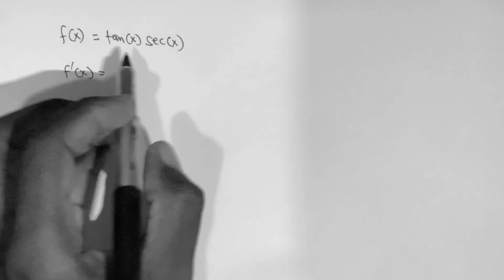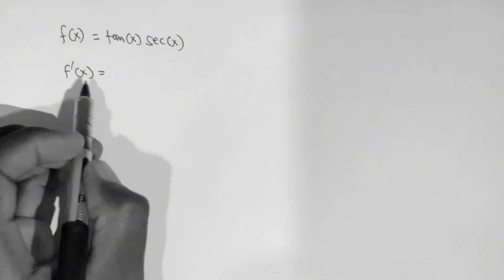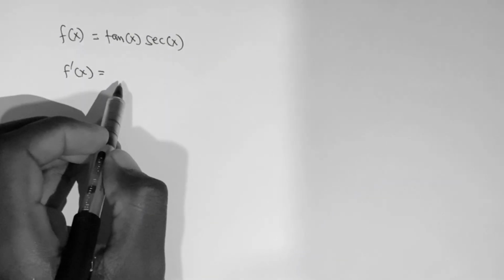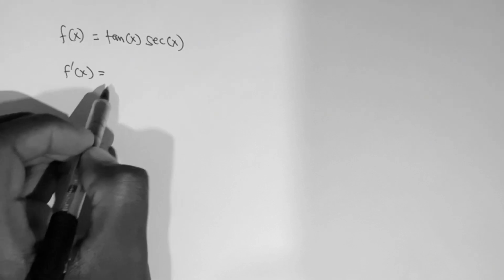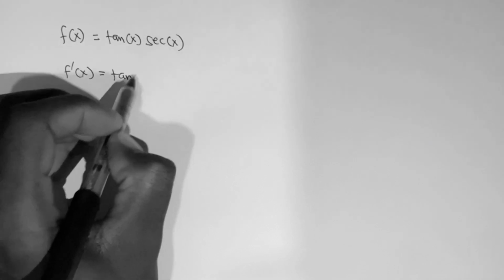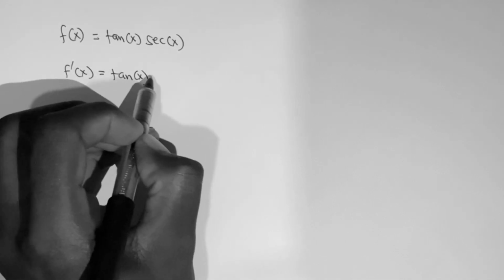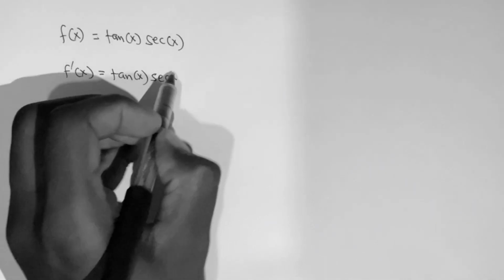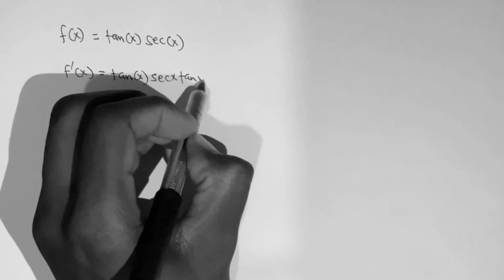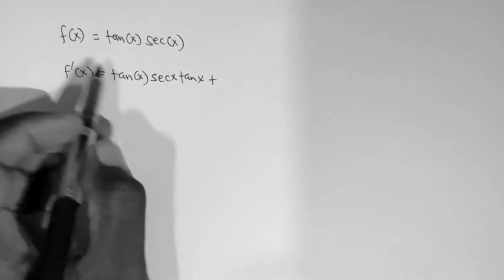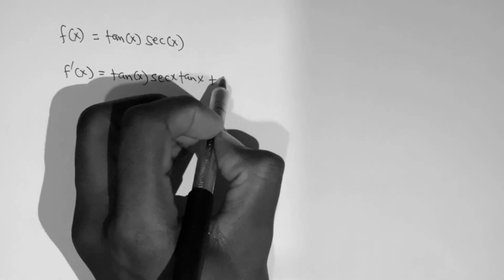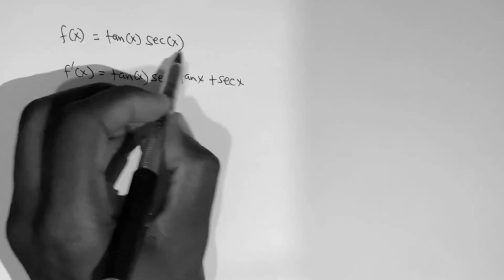So to differentiate this product of two functions, we will maintain tan x, then differentiate sec x. If you differentiate sec x, you will get sec x tan x, then plus maintain sec x, then differentiate tan x.